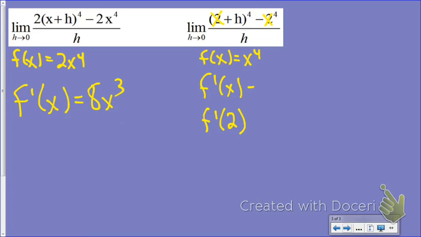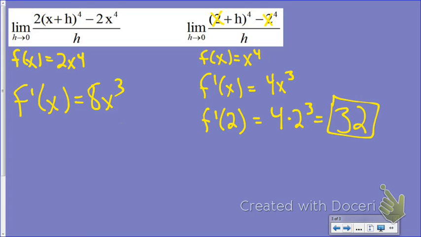So let's find the derivative using the power rule. It's going to give me 4x cubed. Then I can find f prime of 2, which is what that top limit is, by plugging in 2 to that derivative. So I have 4 times 2 to the 3rd power, which is 4 times 8, which is 32.